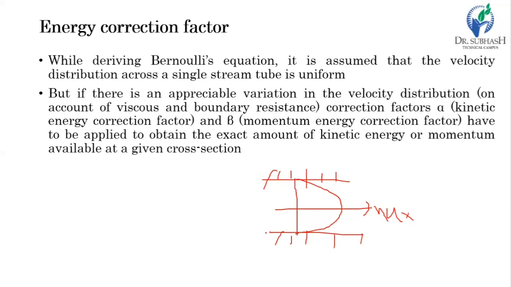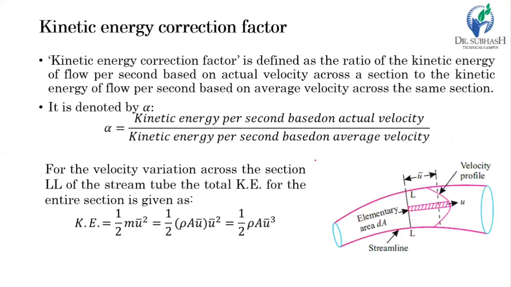Now let's see what the energy correction factor is. For that we will consider the energy correction factor alpha, which is the correction factor for the kinetic energy, and beta, which is the correction factor for the momentum. And how to apply it and what its value is. First, we will see the kinetic energy correction factor. The kinetic energy correction factor is defined as the ratio of the kinetic energy of flow per second based on the actual velocity across a section to the kinetic energy of the flow per second based on the average velocity.